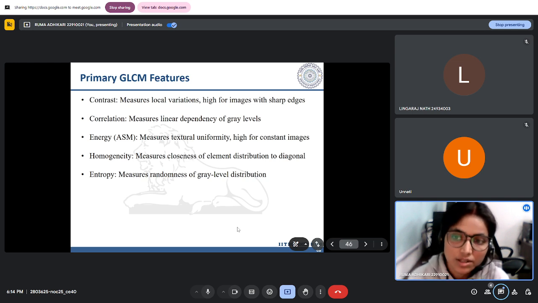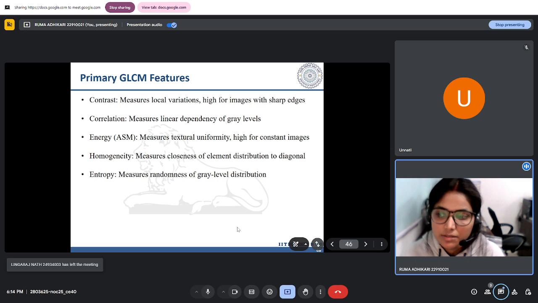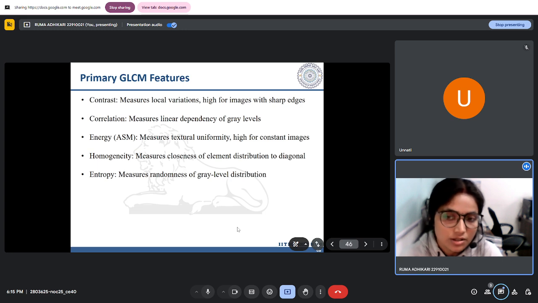Correlation measures linear dependency of gray levels. Energy measures textural uniformity, high for constant images. Homogeneity measures closeness of the element distribution to the diagonal. And entropy, the most important one, measures randomness of the gray level distribution.